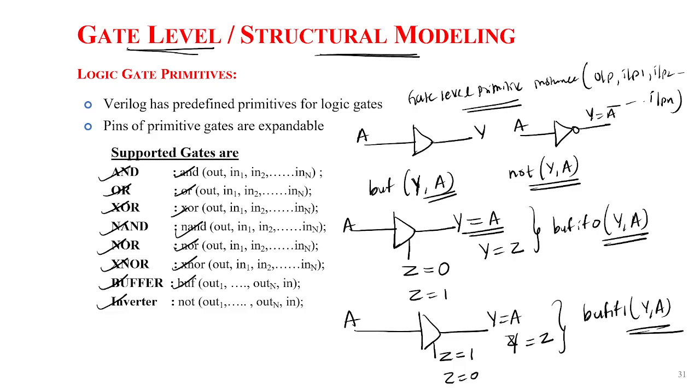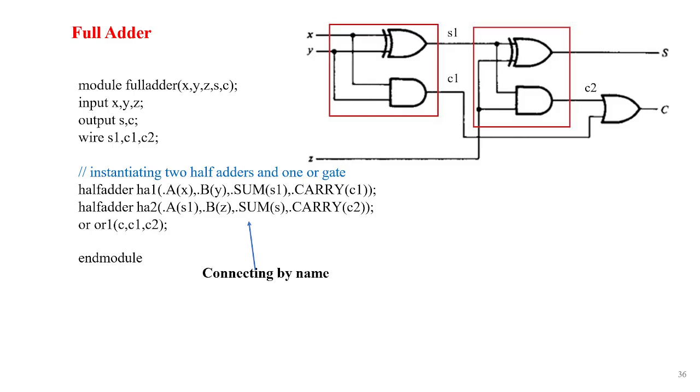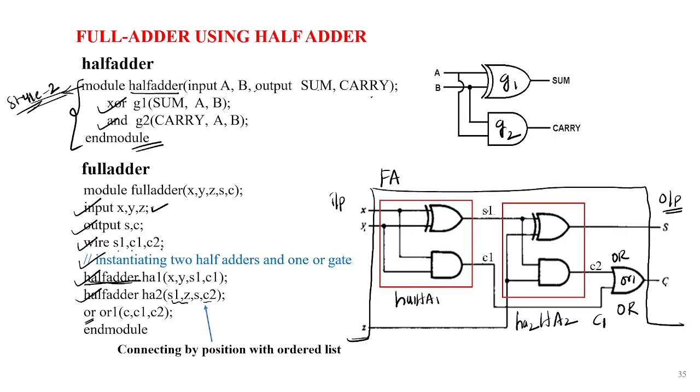We need to use a gate level primitive. R1 is nothing but the instance name. This instance name is optional, you can change it, you can use A1 also. Nothing to worry. And the output is C, comma C1 comma C2. C is the output, and C1 comma C2 are the inputs, then end module.